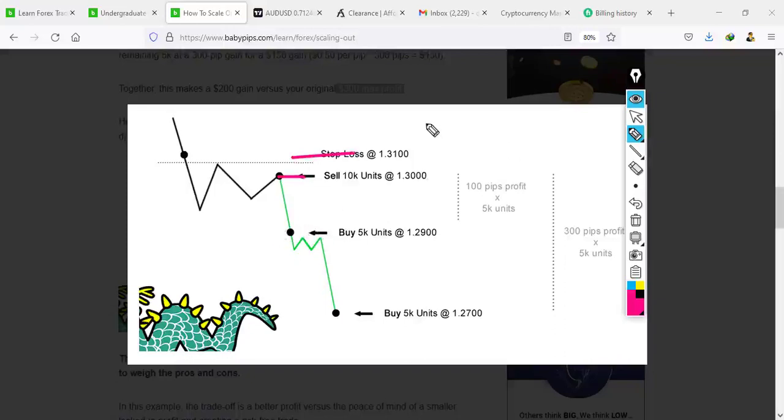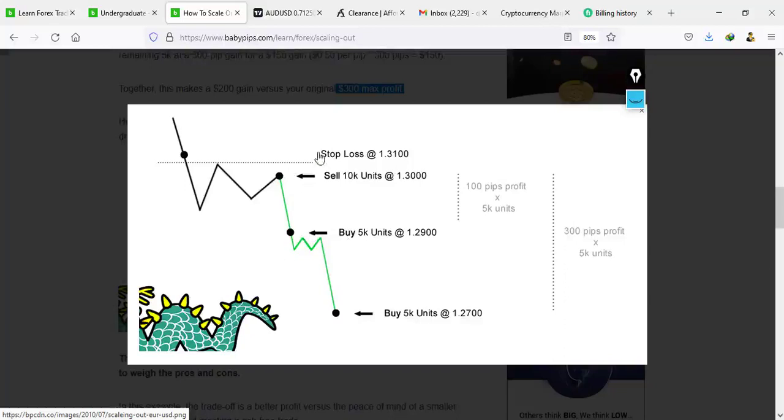So when you wanted to close, I'm not sure you know how to close positions, right? But when you go to your MetaTrader and you say close, I think I should just show you. So you close half of your position at this level here, at 5k units, and your trade hits take profit at this level. So you sold here, you bought here. By the time you are closing out a trade, it means you are buying at this level, okay?